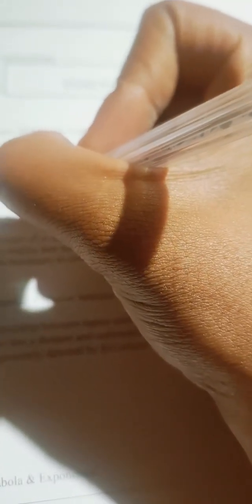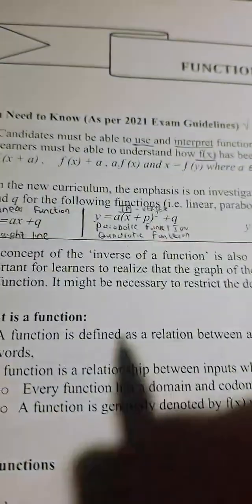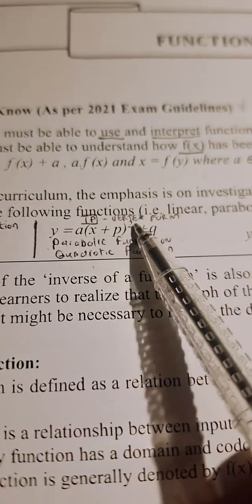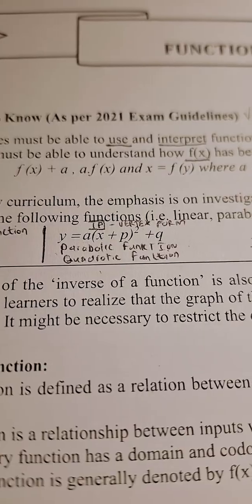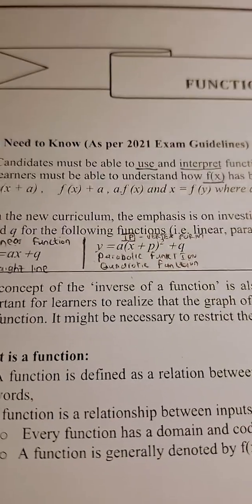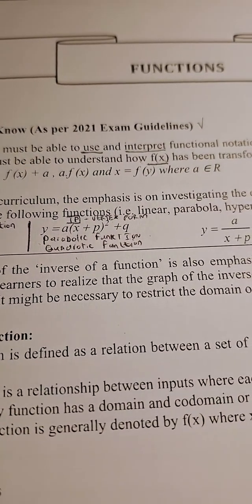So this form specifically is called the turning point form, or the vertex form. That's an alternative word that they use. You can either say it's the turning point form or the vertex form. That's one way in which your quadratic function is represented.